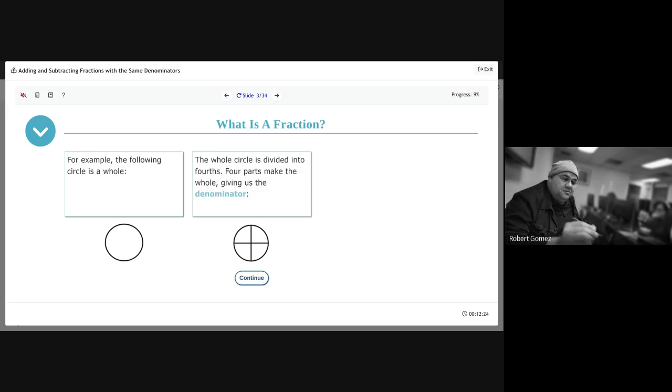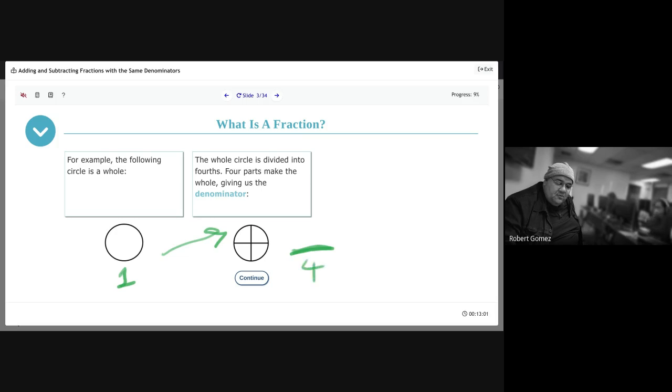So the 4 parts that make the whole give us the denominator. So I'm going to doodle a little bit. I'm going to illustrate how that works. So we have our 1 whole, okay? Now, give me a second. So we have our 1 whole. Now, the cool thing is that even when we split it up into 4 parts, it's still going to be 1 whole, because if I represent this as a fraction, okay, I'm taking all the possible spaces here, right?